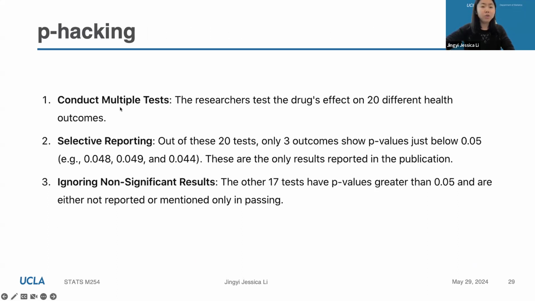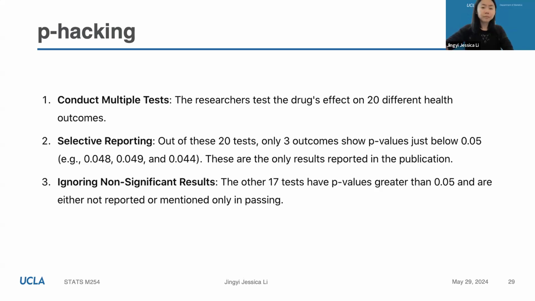For example, you do multiple tests, say 20 tests, you only report the 3 tests that are significant below 0.05, and you ignore the rest. This is not right, because you may have small p-values even though all 20 tests are null. You can have a small p-value just by chance. But if you ignore the 17 non-significant p-values and only report the 3 significant ones, you are doing p-hacking.